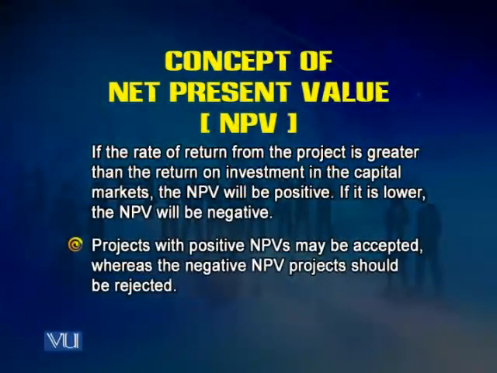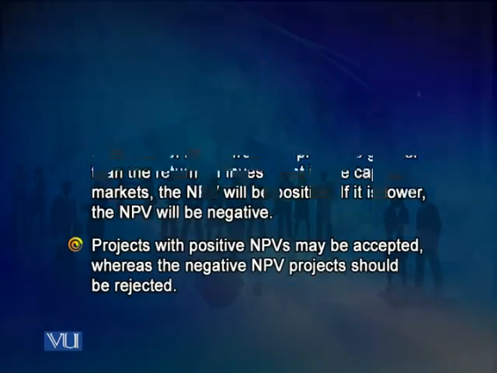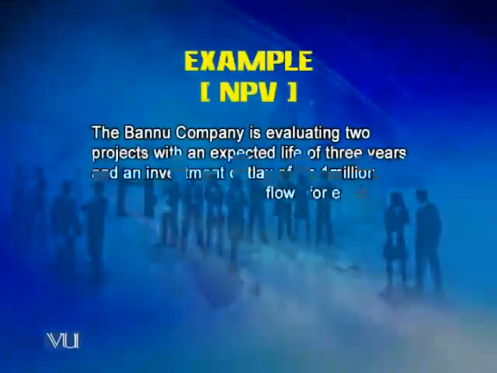Projects with positive NPVs may be accepted, whereas the negative NPV projects should be rejected. So now we have a basis for decision making. The NPV, therefore, is a criterion and a basis for making decisions on whether or not a project should be accepted. Positive NPV projects should be accepted, and where the net present value is negative, those projects should not be accepted.